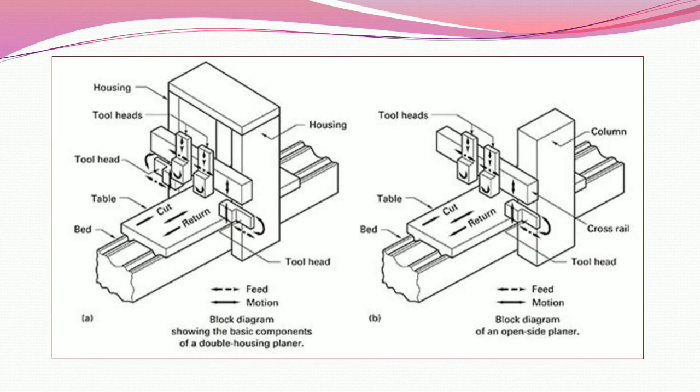See here, in the first figure, the indicators are housing, tool heads, tool head, table, bed, cut and return, housing and tool head. And in the next figure, there are feed motion, table, bed, tool heads, column, cross rail, tool head and cut and return also.